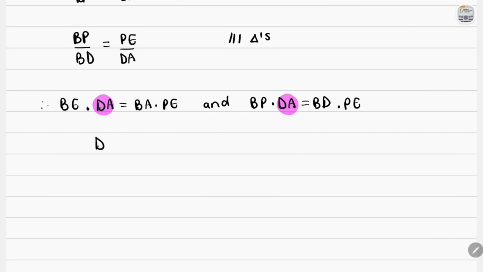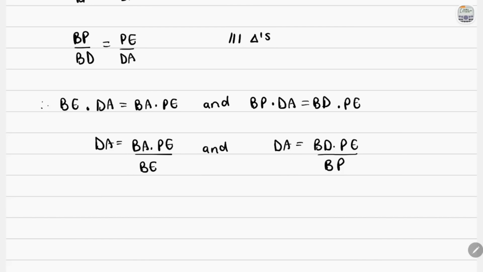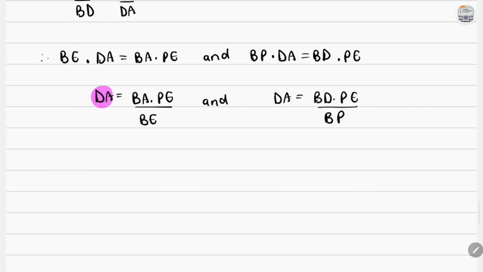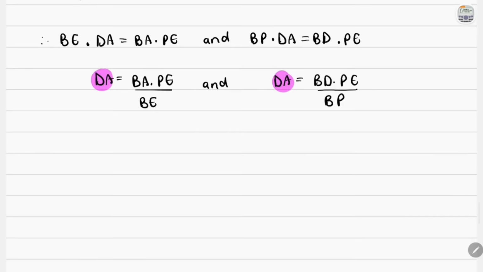So to leave DA alone, you're going to rewrite this as DA equals BA times PE over BE. And then this one would simplify to DA equals BD times PE over BP. And then naturally, because DA and DA are the same thing, we could equate them.